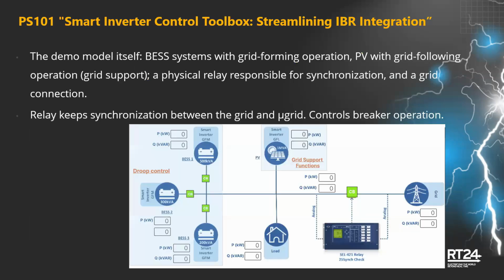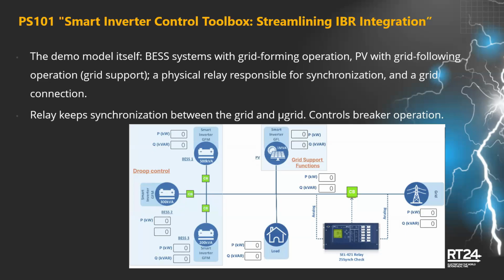Now as to the model itself, this is a model that we've adapted from an NREL model, the National Renewable Energy Laboratories in the United States. It's a model in which you have three basic battery energy storage systems, and then also some wind and solar.